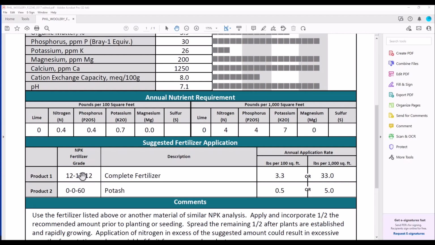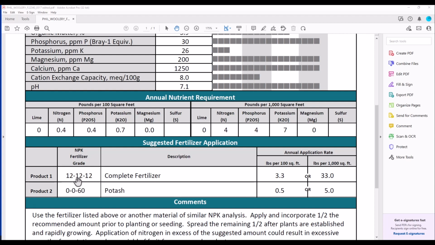So if you had 10 pounds of this fertilizer, in that 10 pounds, we'd have 1.2 pounds of nitrogen, 1.2 pounds of phosphorus, and 1.2 pounds of potassium.